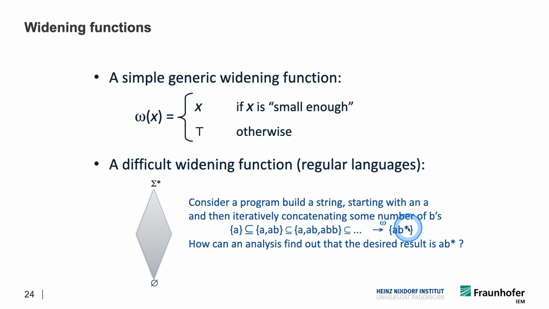Okay. So you need to define an analysis that finds out that the desired result has to be that regular expression here. That's not impossible. One can define such widenings, but it's very non-trivial, and also then making sure that the function is monotone so that you get all these soundness properties, that is not very trivial.